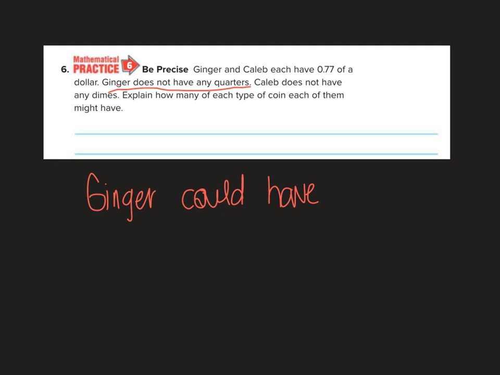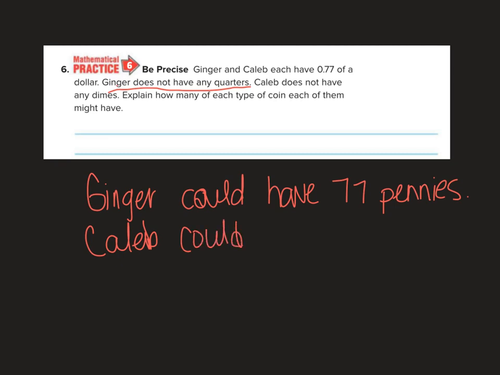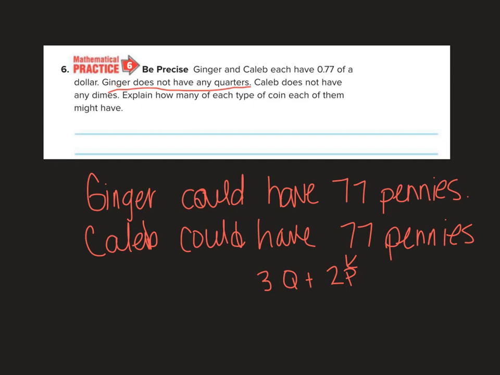She could have 77 pennies, right? Caleb could also have 77 pennies. Okay, Caleb could also have, let's see, I'll do Caleb's below and I'll do Ginger's above. Caleb could also have, he doesn't have any dimes, so he could have 3 quarters, which get him to 75 cents, plus 2 pennies, which get him to 77 cents.